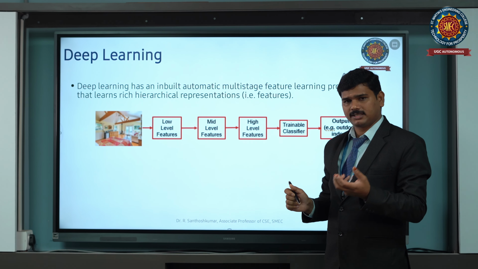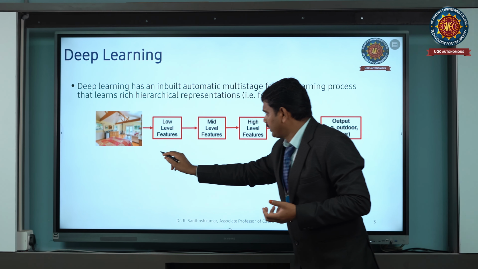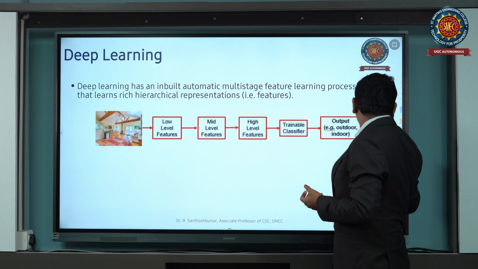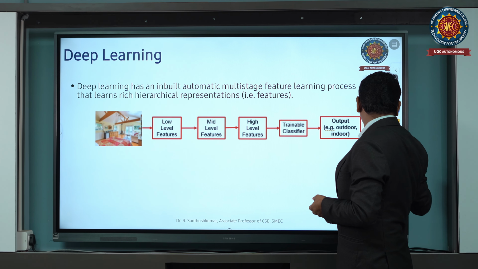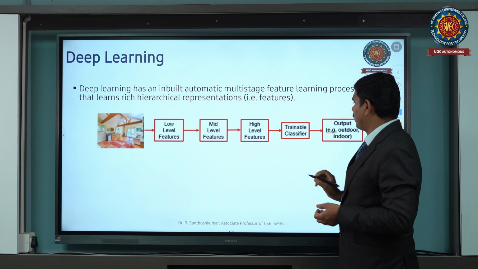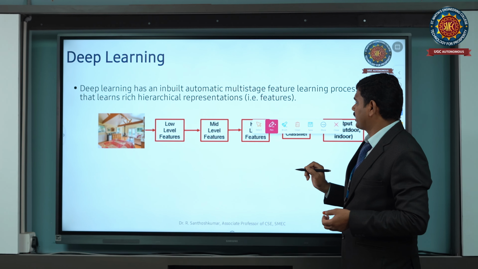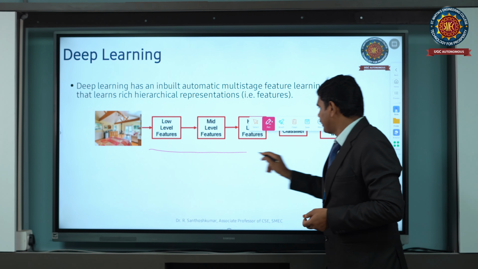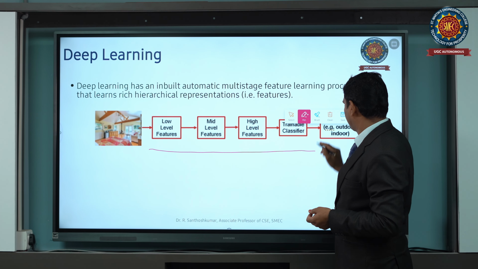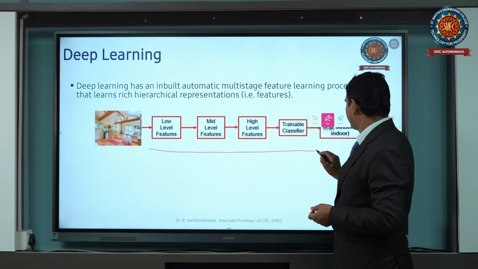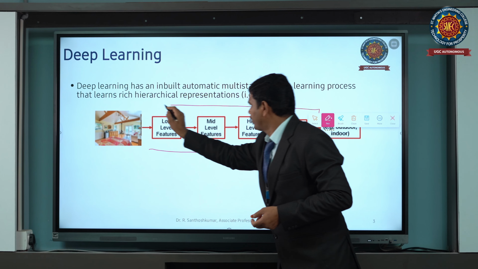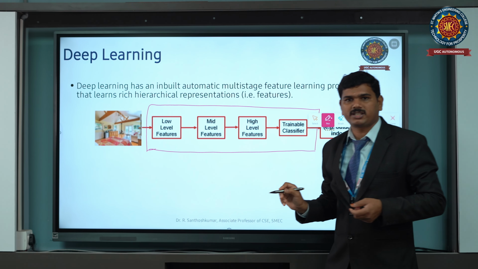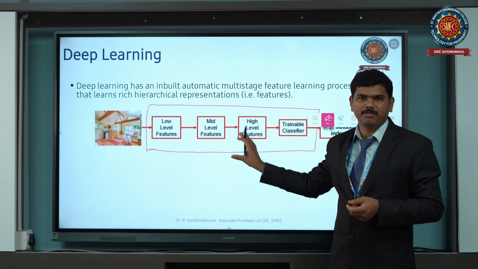But the thing is, there we can see two different parts. The first part is feature extraction and the second part is classification. But see here, both parts, the feature extraction and the classification, will be in the same path.